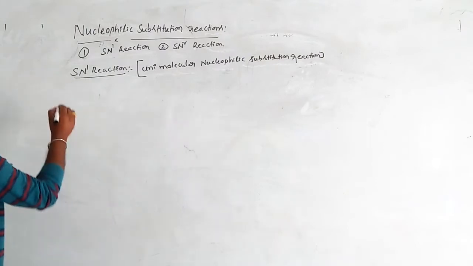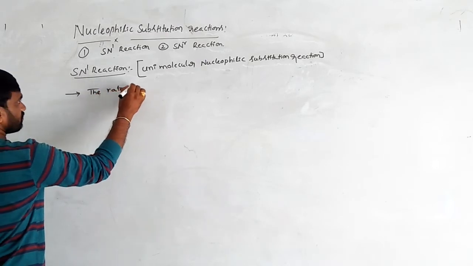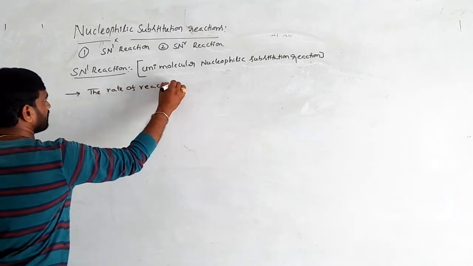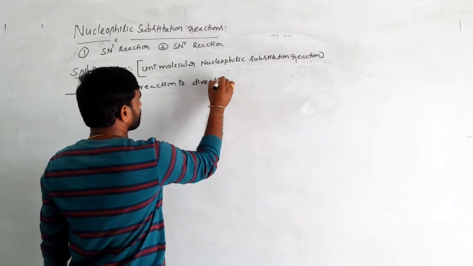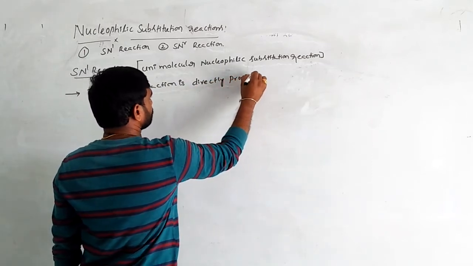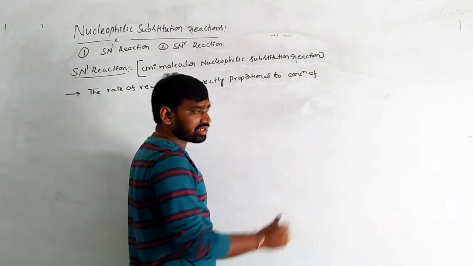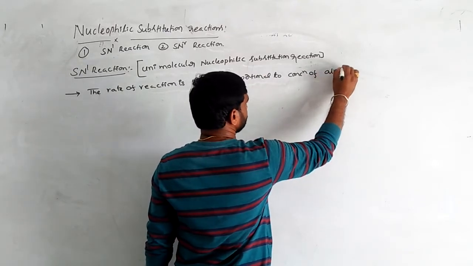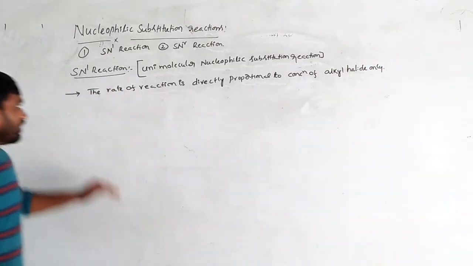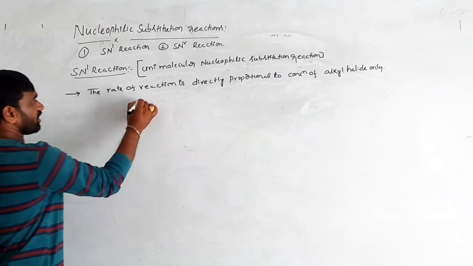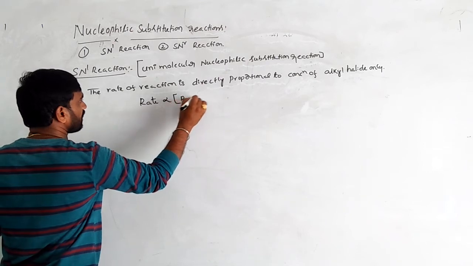In this reaction, the rate of reaction is directly proportional to the concentration of alkyl halide only. Okay, students, understand? So the rate of reaction is directly proportional to the concentration of alkyl halide.